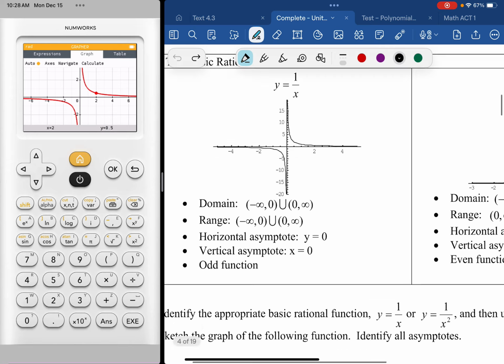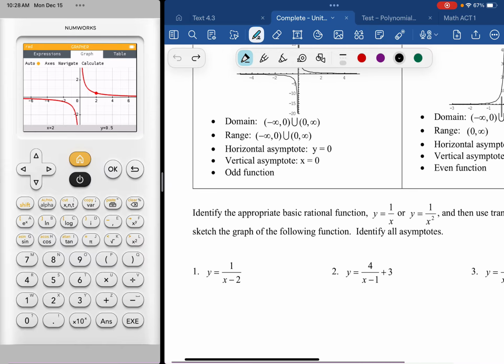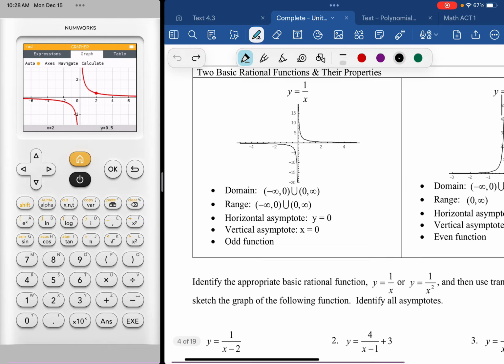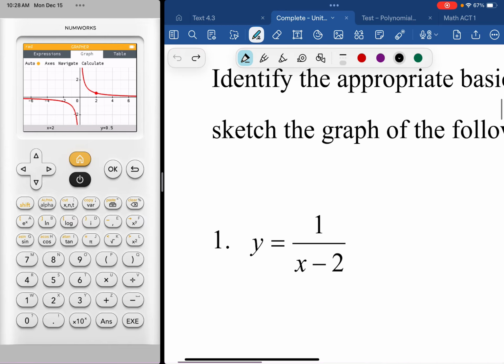All right. One way to graph rational functions that's kind of convenient is noting the relationship between a rational function's parent and the function itself.